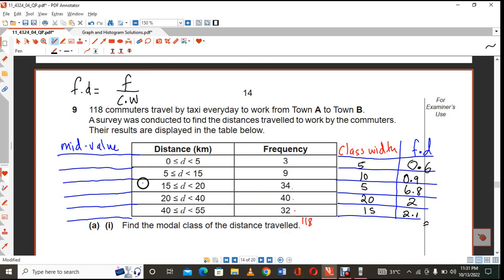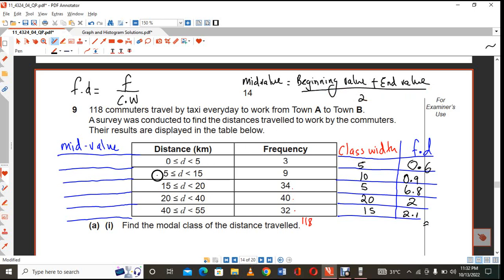The mid interval, the mid values. I'm just going to write it here so you can know what the mid value represents. Mid value is the beginning value, for example 0 or the 5 or the 15 or the 20 or the 40, then you add it to the end value of the group, like 0 plus 5, and you divide by 2.